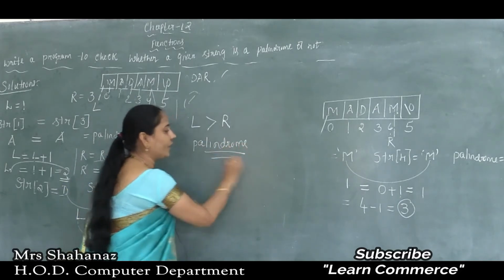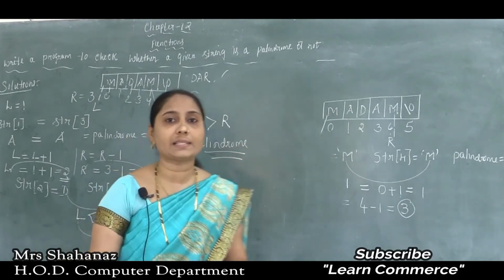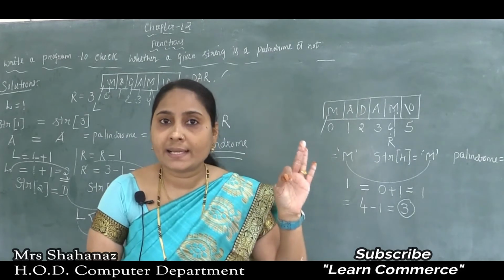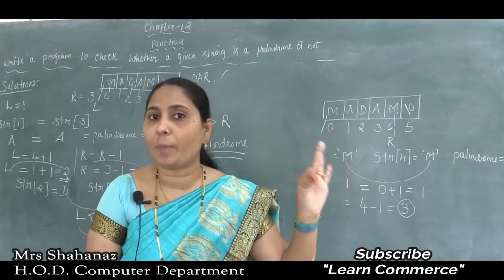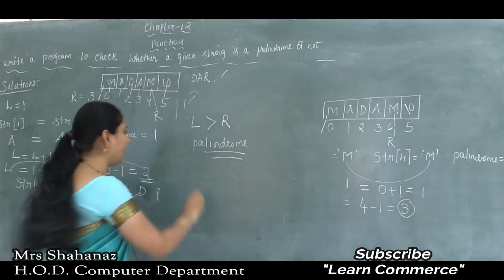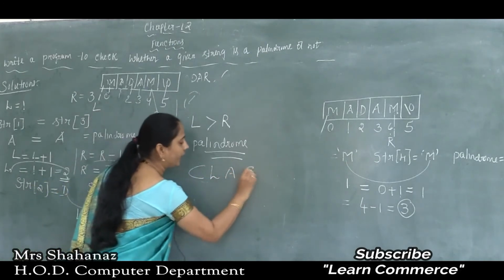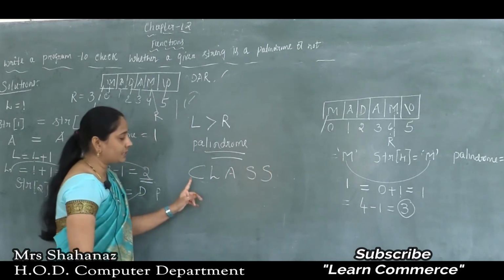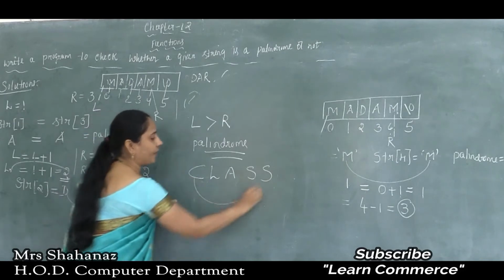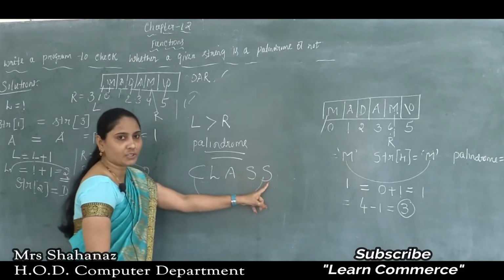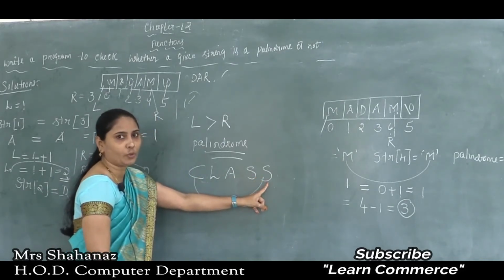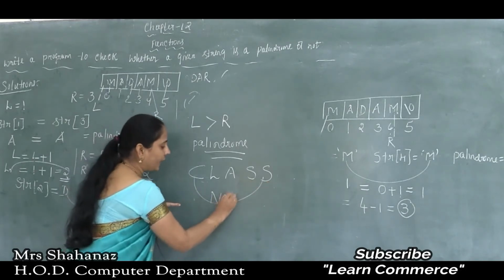But when you take the word, for example, class, if you take it, it is not a palindrome. Correct? CLASS, when you match whether C is going to match, no, it is not going to match. So in the starting step only we can say that it is not a palindrome word.